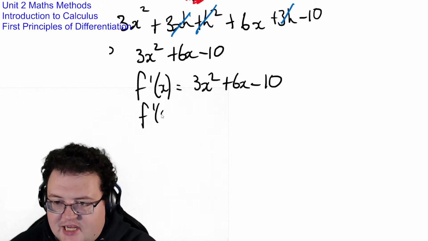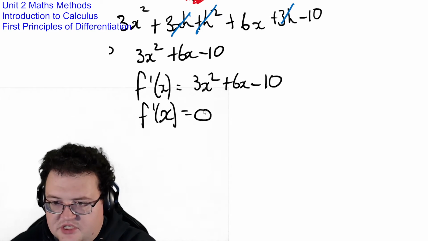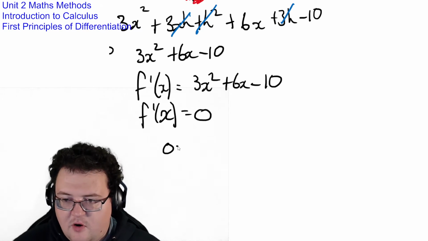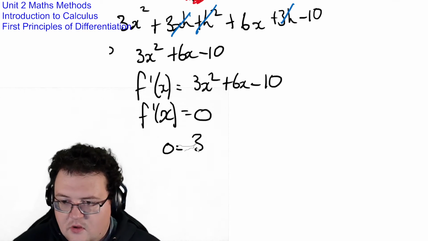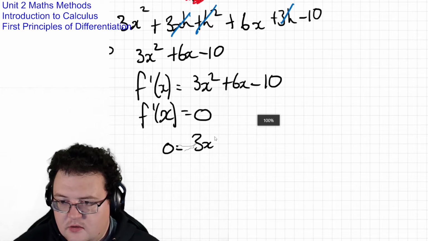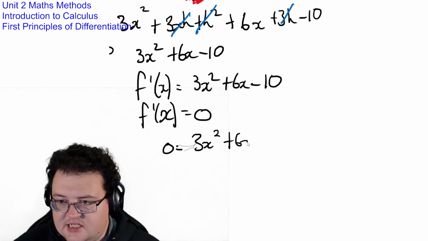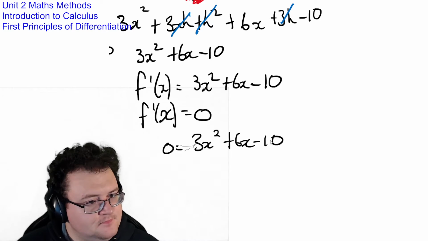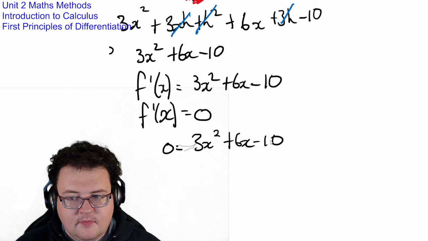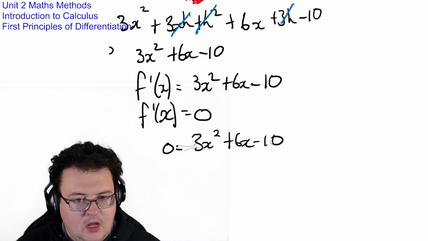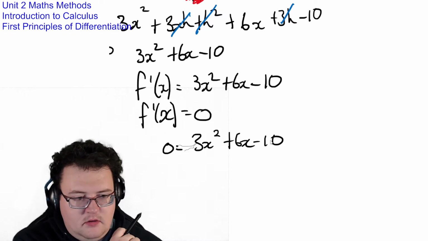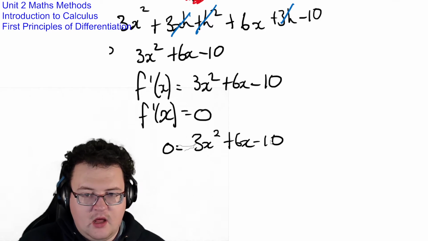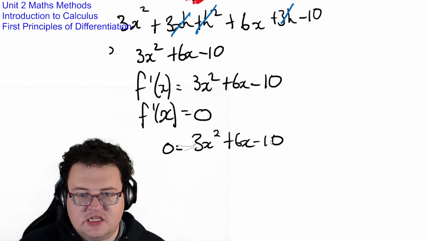f dash x equals 0. I now need to figure out 0 equals 3x squared plus 6x minus 10. I need to solve that. All right. I don't care about factorizing it. I don't need to simplify it.